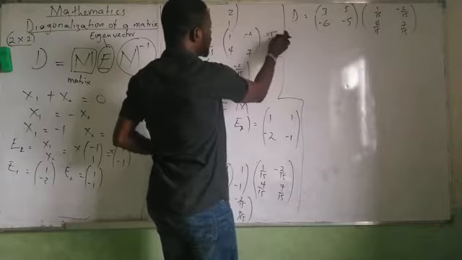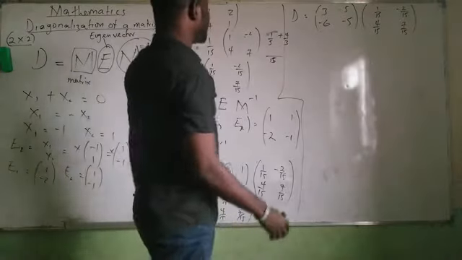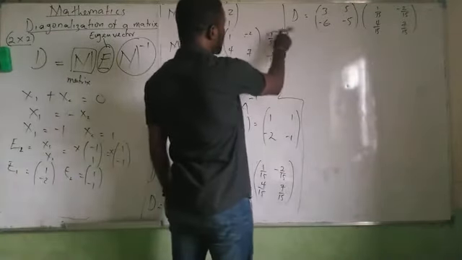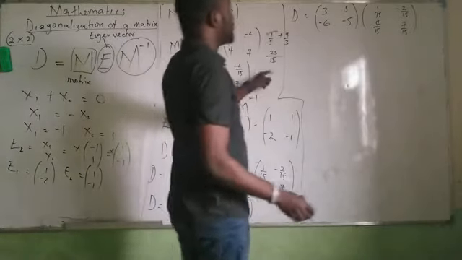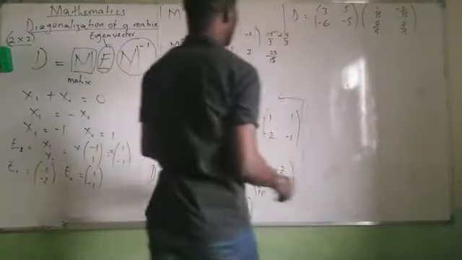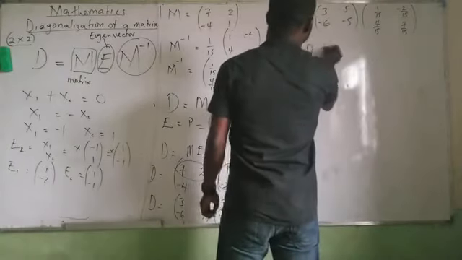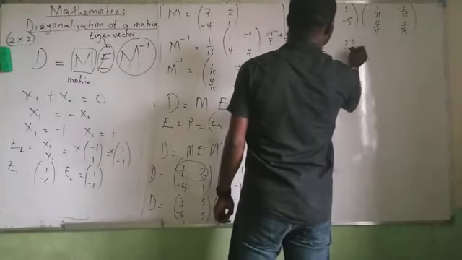That'll be 3 plus 20, that'll be 23. So 23 all over 15.